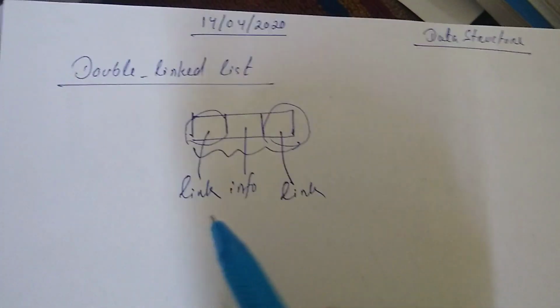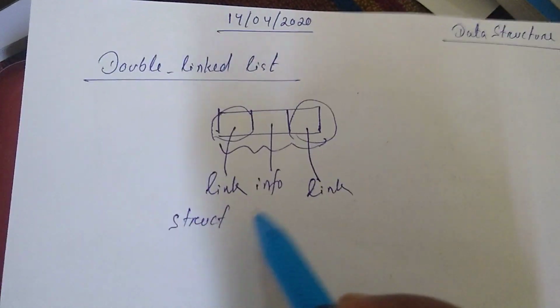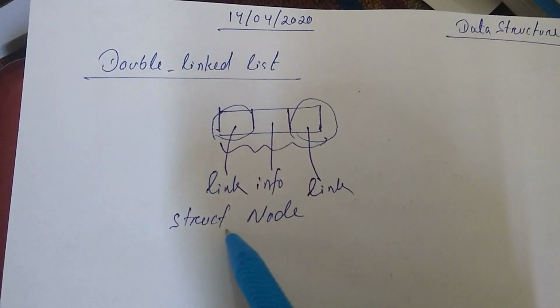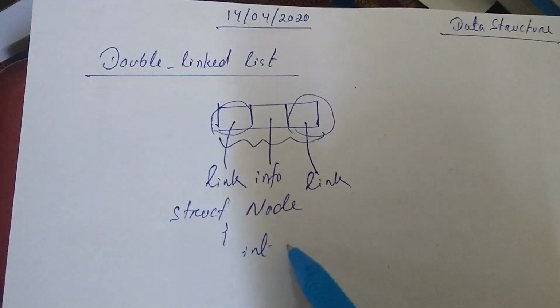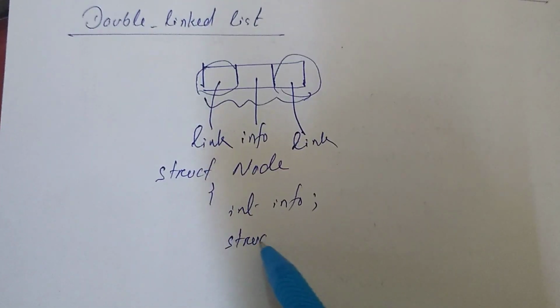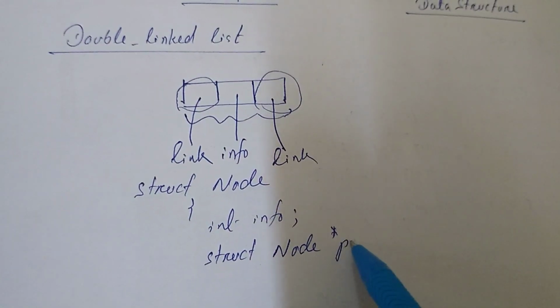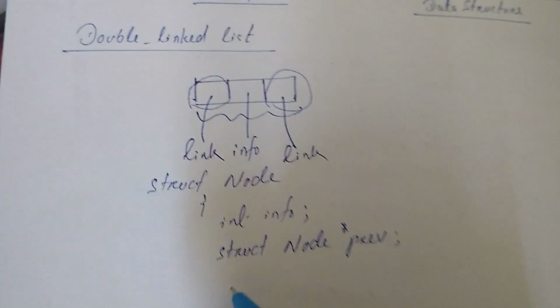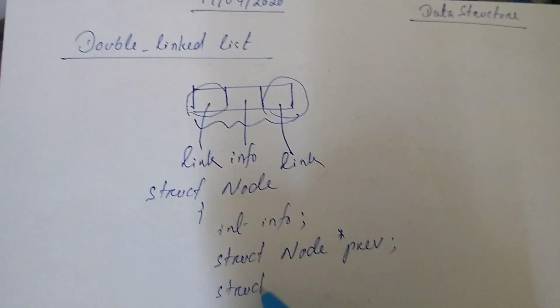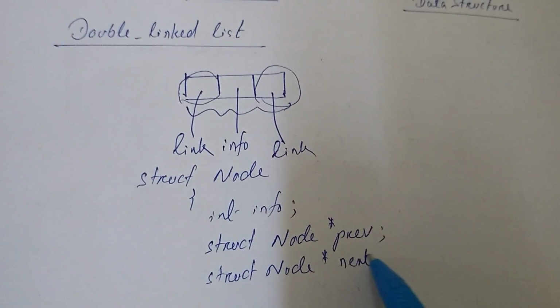So what will be the type of the structure? struct node, int info, struct node asterisk previous, struct node asterisk next.